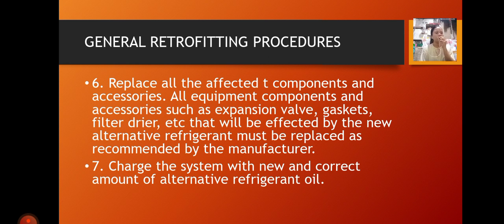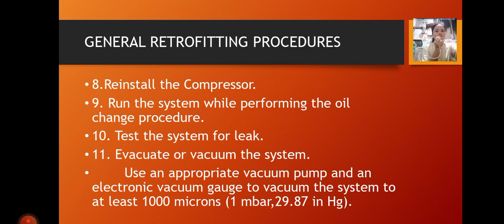It will need to be replaced with one of greater or lesser restriction in order to achieve satisfactory performance over the complete range of design conditions. It is recommended that the technician consult with the equipment manufacturer. So that is number 6 of the steps of the general retrofitting procedure.